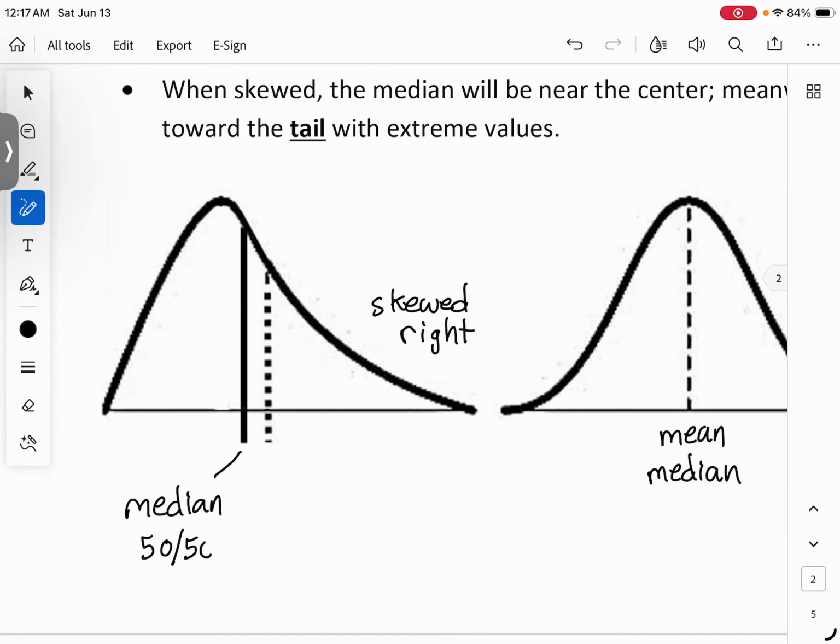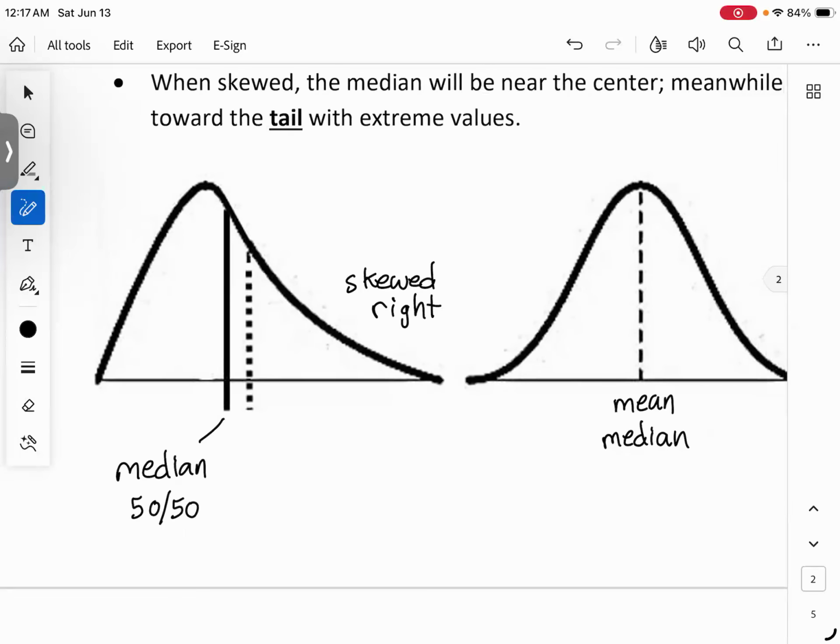Remember, the median is the one that's splitting your data 50-50. I'll shade this left side of the line. That would be 50% of the data, like 50% of the students. And then on the other side that I didn't shade it would be 50% of the other students. And they're going to ask you to estimate the median, so you're going to try to chop it where it's about 50-50.